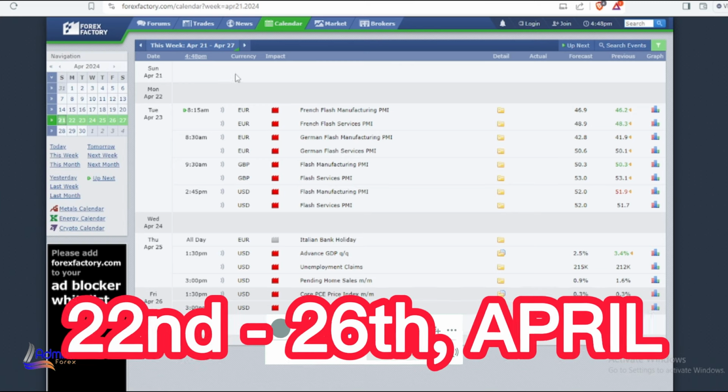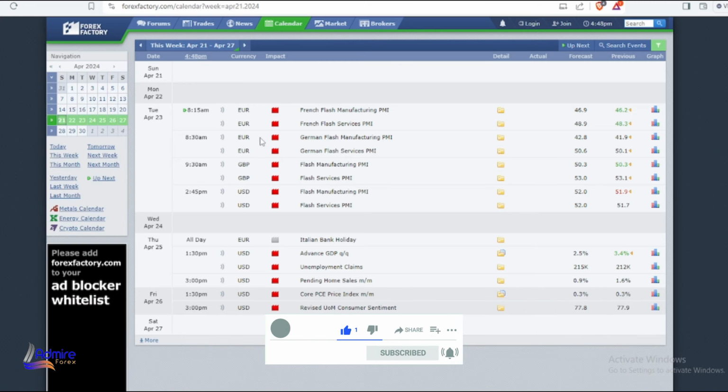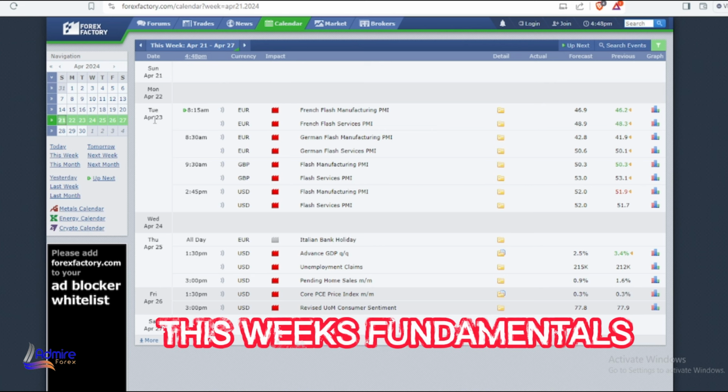Okay, so first of all, you know that we always like looking at our fundamentals as our first gauge to knowing what is going to happen on the market. So on Monday we have no fundamentals, no red folders. We have red folders on Tuesdays. Okay, have PMI, a lot of red folders on Euro and GDP and even the USD.